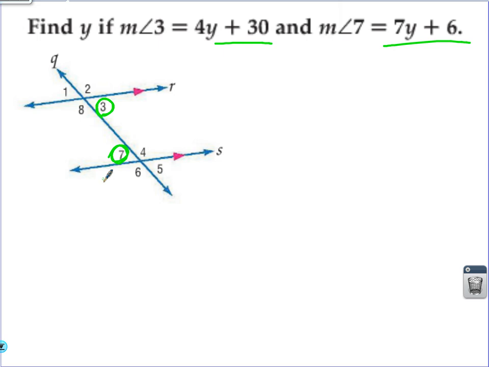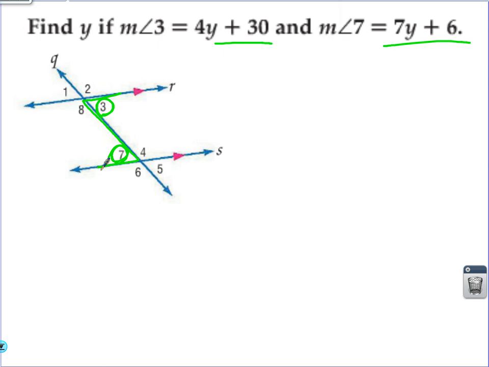Does everybody see the Z? Zoe, 3 and 7. Are they supplementary or are they congruent? Supplementary. What's the relationship? Are they alternate interior, alternate exterior, same side interior, same side exterior, corresponding?